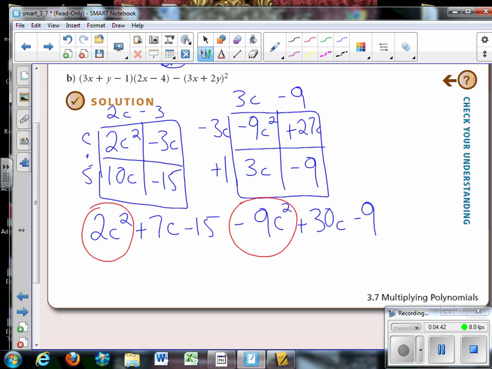So we got a minus 9c squared and 2c squared, which is going to give us minus 7c squared. Then I'm going to use a green color here for the c's, and I'm going to square those in so that I can see where they're at. So I got a 30c and a positive 7c, which is going to give me a positive 37c.